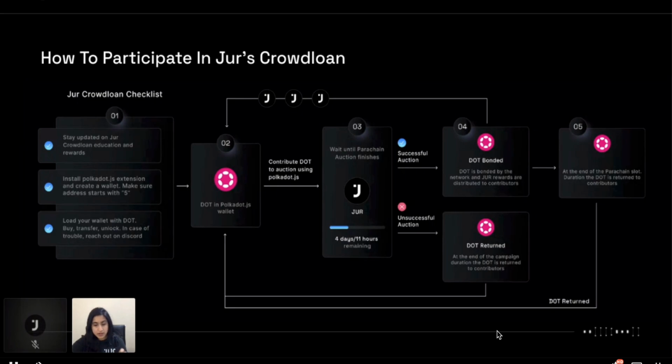Basically, those addresses are generic substrate addresses, and it is very important for the Joule crowd loan because only to those addresses will we be able to send the rewards later, because they're easier to read from the Joule chain.